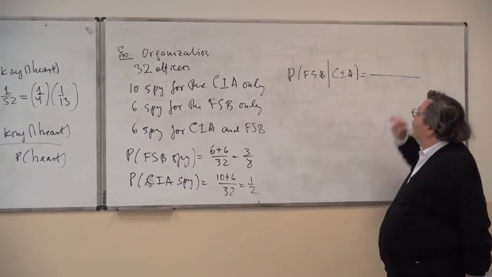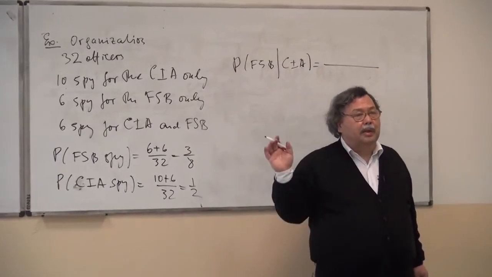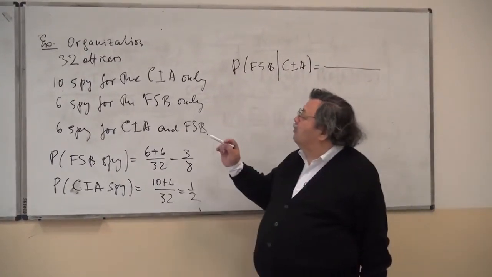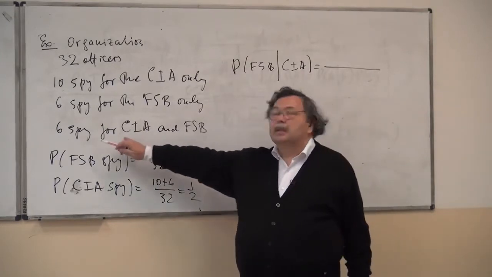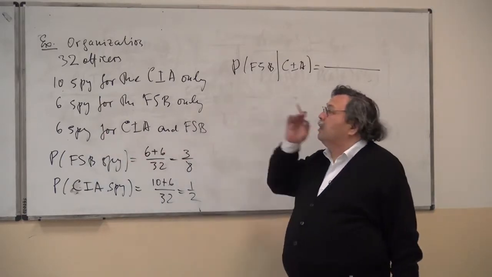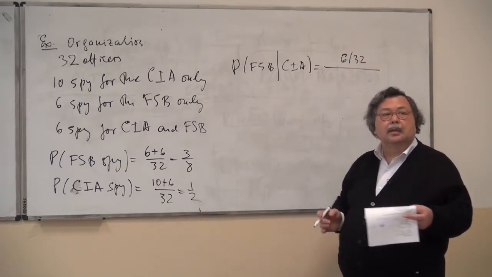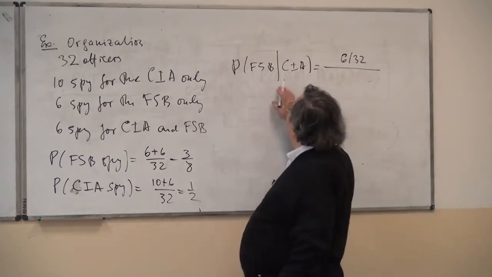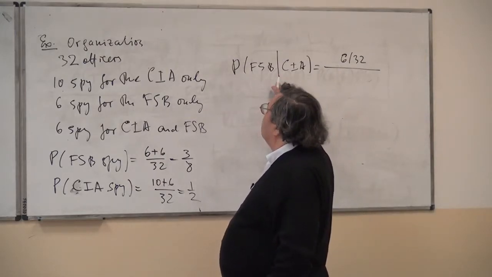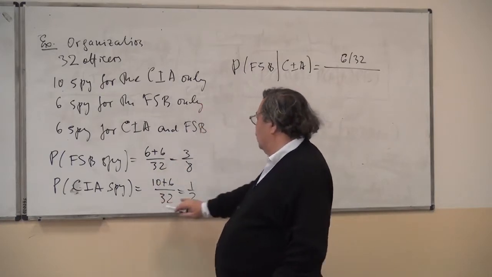The numerator is the probability that this person spies for both agencies, computed by dividing the number of members in this intersection, which is 6, by 32. And the denominator is the probability that this is a CIA spy, which is known to be 1/2.